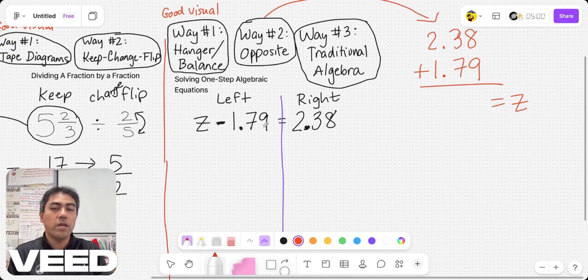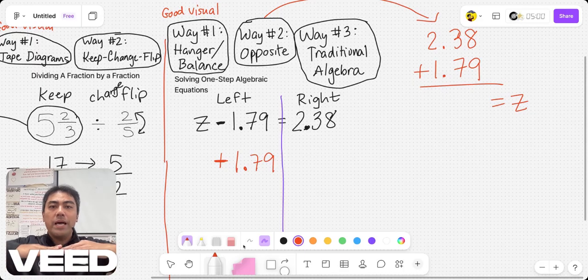Now, in order to get rid of this, we just think of the opposite. The opposite of taking away is adding. And so the opposite of minus 1.79 is plus 1.79. Okay.